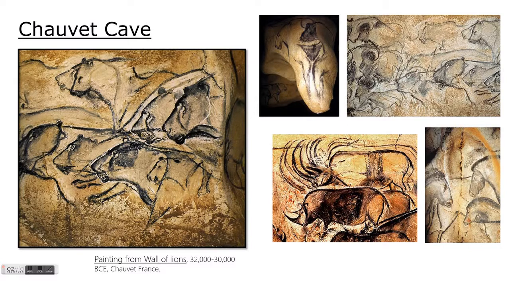I want to talk a little bit about what we do know about Paleolithic culture. So, like I already mentioned, these people were nomadic, either entirely nomadic or primarily nomadic. They were probably hunter-gatherers. They may or may not have been matriarchal. It's really hard to tell, but a lot of the artwork suggests that.